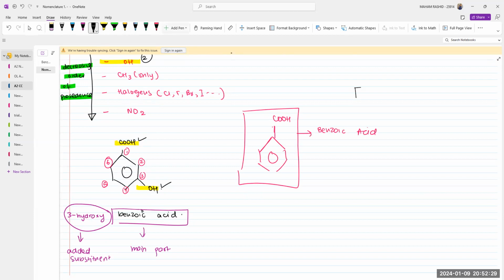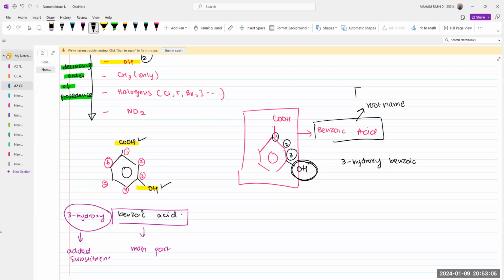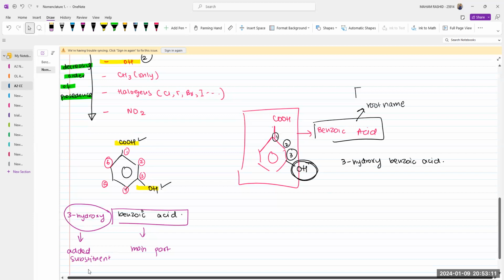I have an added substituent here, which is an OH group, right? So this added thing will come before benzoic acid. This is your root name, meaning the main part of the compound. And since I'm now adding an OH group on the third position, I will name it 3-hydroxybenzoic acid. Get it? All right, let's look at another example.